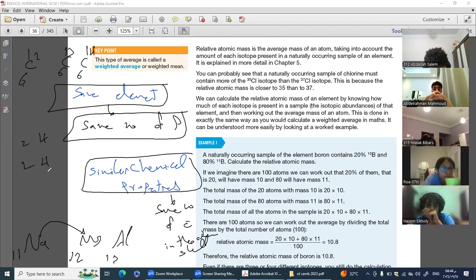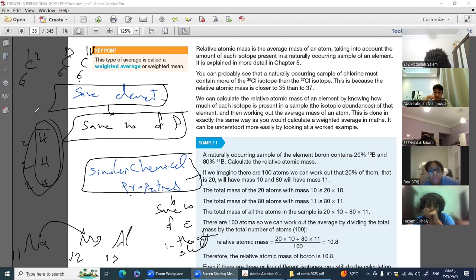The other one, 2,4. The third one, 2,4. All of them have the same number of electrons. So because they have same number of electrons in the outer shell, they have same group number. So they are same element, similar chemical properties.